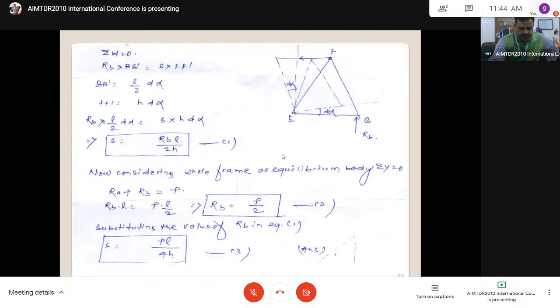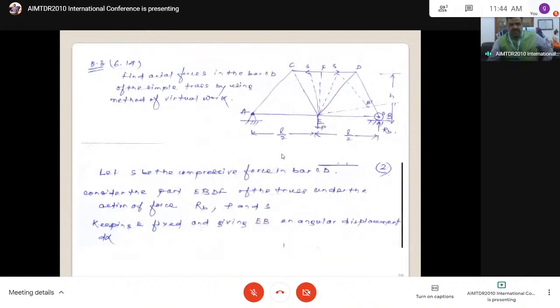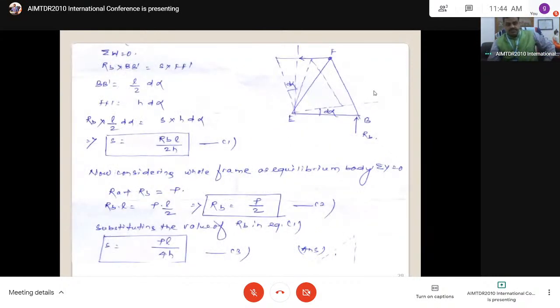Now, if I take moment about this point, because of the method of sections, I am applying only this force into perpendicular distance, into this force into perpendicular distance. By considering the external system, find out the reactions first, RA and RB. Accordingly, we will get the RB value. Now see, RB into BB dash is L by 2 d alpha.